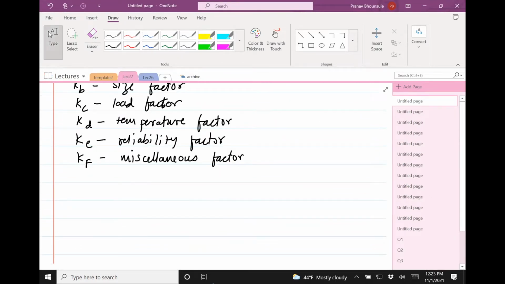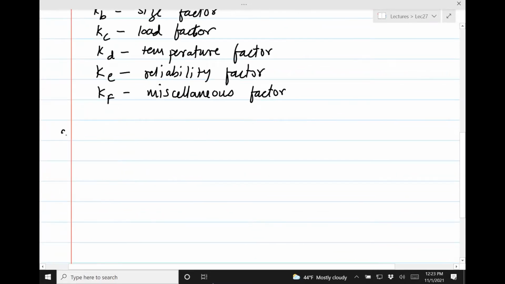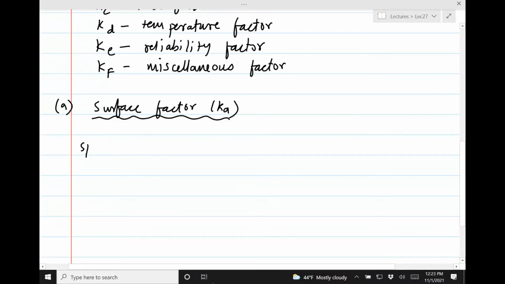So let's start with the surface factor. Again, this is because the specimen is polished, but the one used in the machine is not.